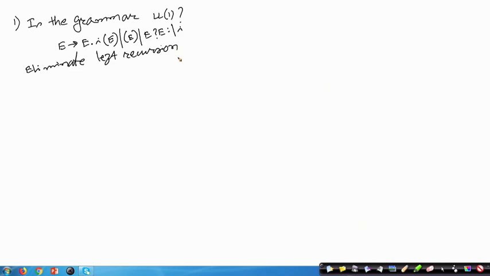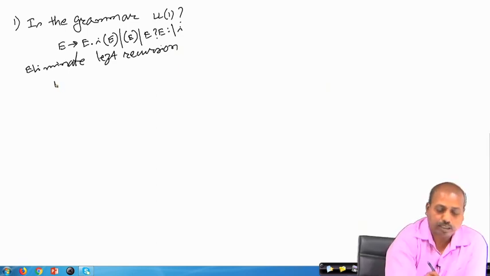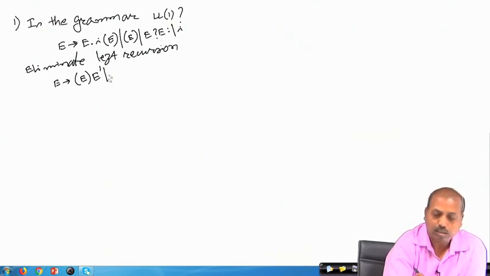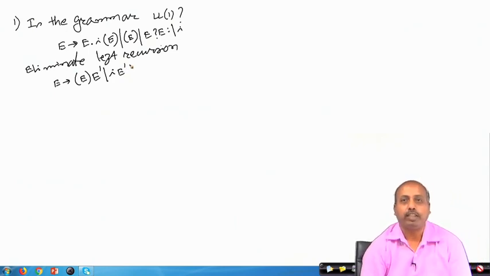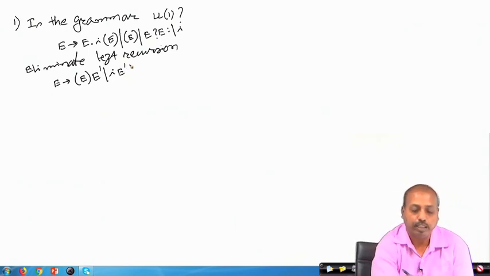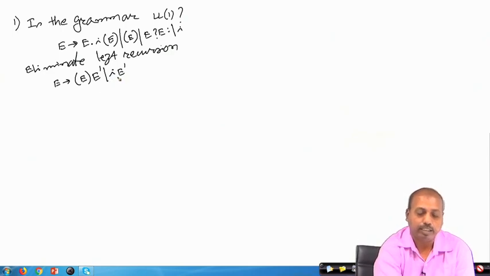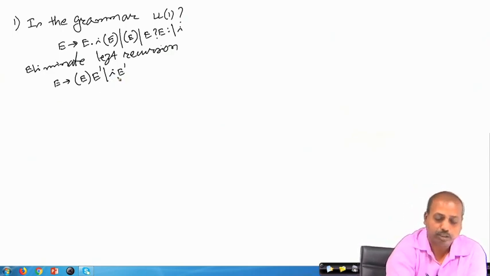If you apply those rules, it will turn out to be a grammar like this: E producing within bracket E and then E dash, or I E dash. So, these are the rules in which immediate left recursion does not appear, and this E dash is a new non terminal that has been introduced.